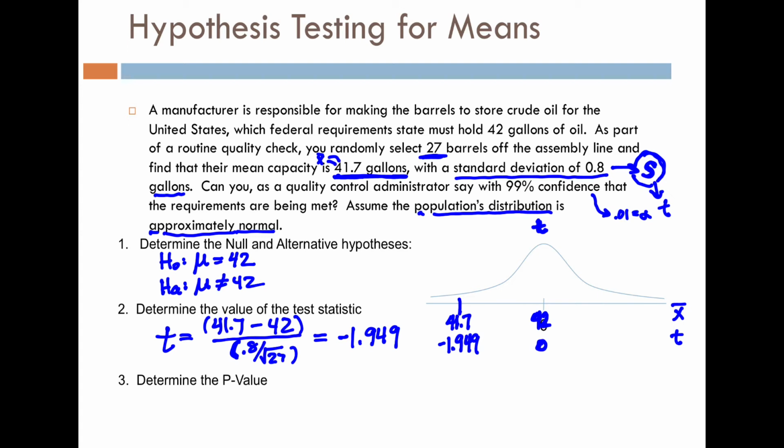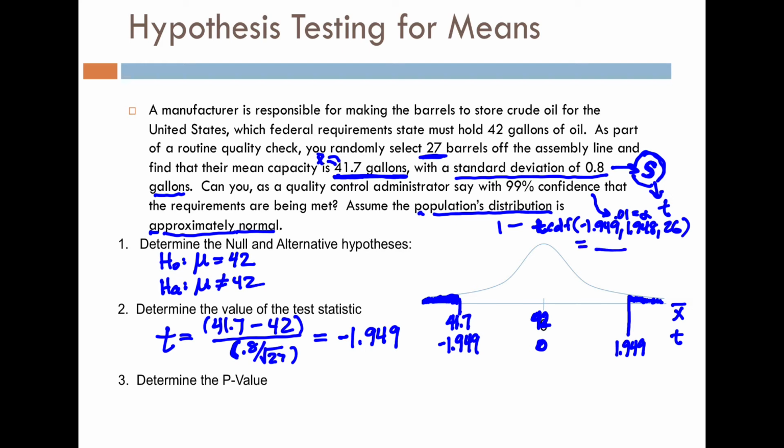Now, because this is a two-tailed, I also need to include in my calculation what would be to the right of the positive counterpart of that, positive 1.949. So the area to the extreme values is my p-value here. And as I find those, we're going to go 1 minus TCDF, because we're going to just put in what the area is in the middle, negative 1.949 to positive 1.949 with 26 degrees of freedom.